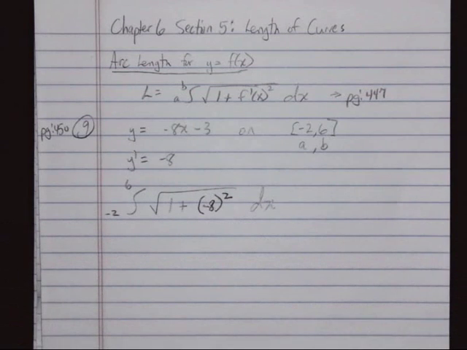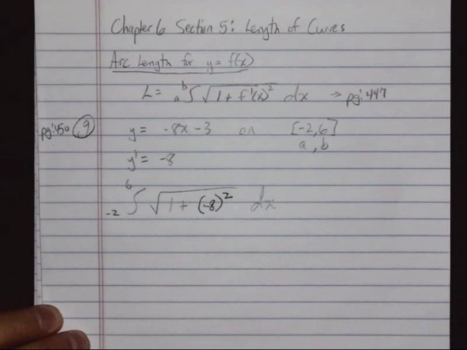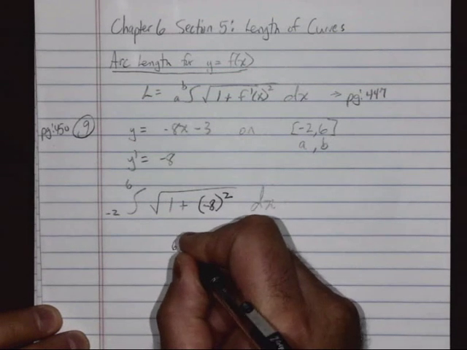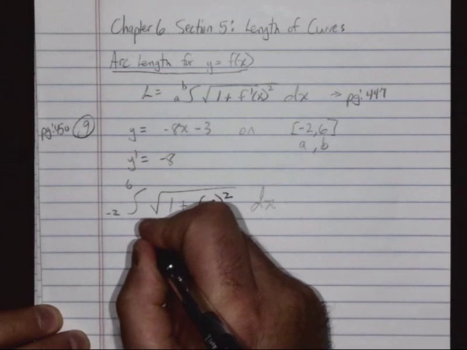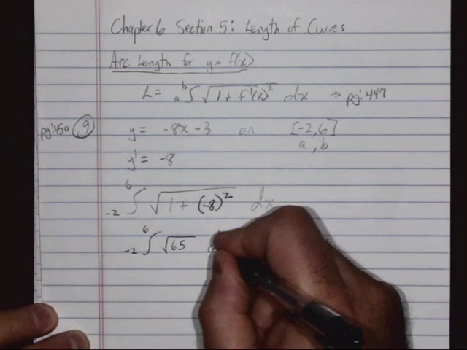From here, we can take care of what's inside this square root. So -8 squared is going to be 64, plus 1 is 65. So we're looking at integrating from -2 to 6 the square root of 65. So we're looking at a definite integral here.